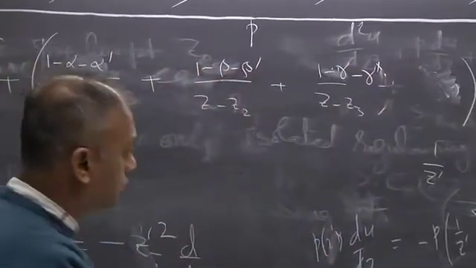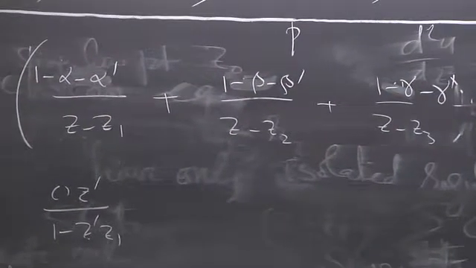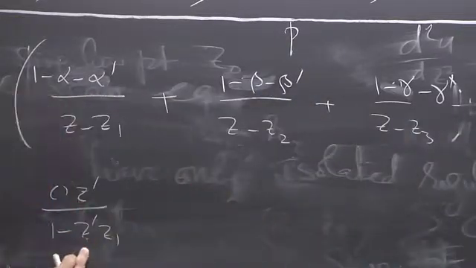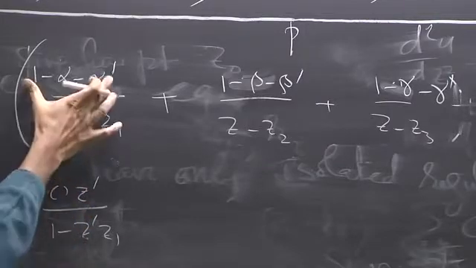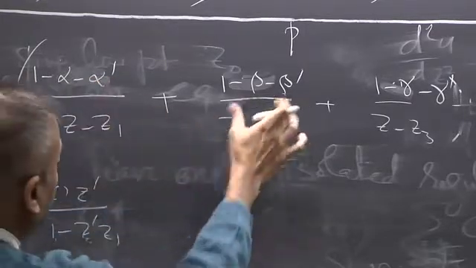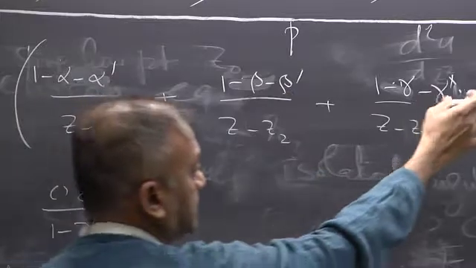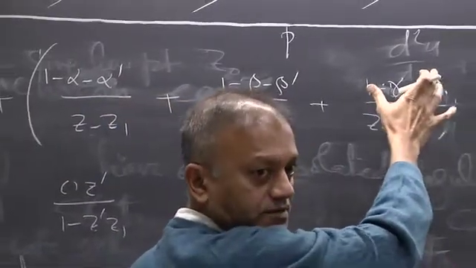Now let's look at that here. In the z prime goes to 0 limit, I can ignore each of these things. So this gives you z prime times that constant, this gives you z prime times this constant, plus this gives you z prime times that constant.